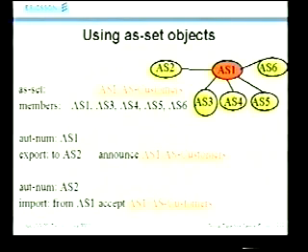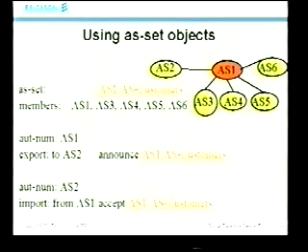So, we have a solution, AS-set objects. Here we have as-set AS1:AS-customers, members AS1, AS3, AS4, AS5, AS6. Here they are. And we have the aut-num object for AS1: export to AS2, announce AS1:AS-customers, an aut-num object for AS2: import from AS1 except AS1:AS-customers.